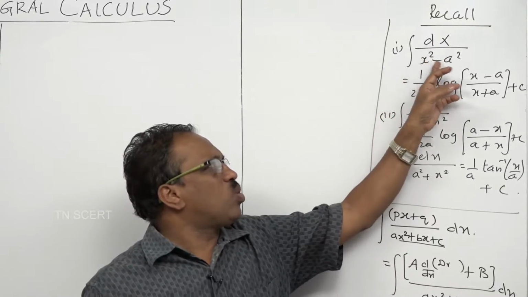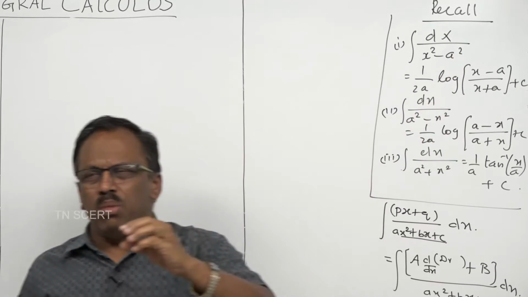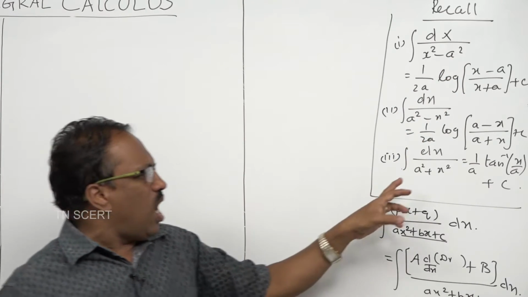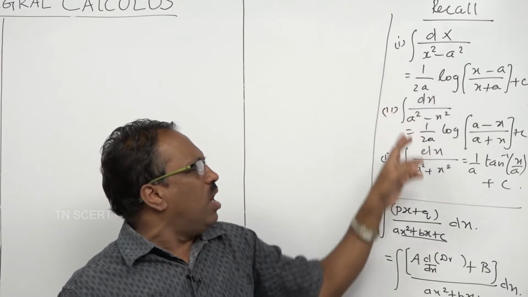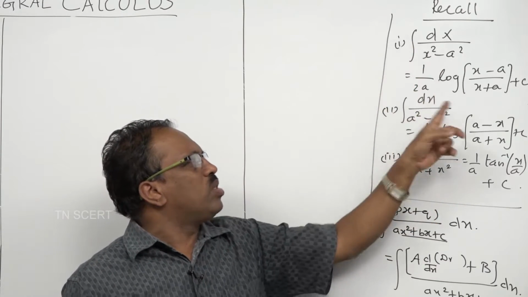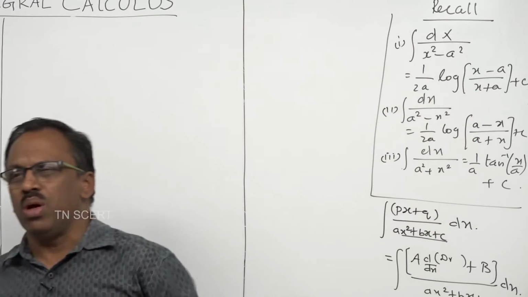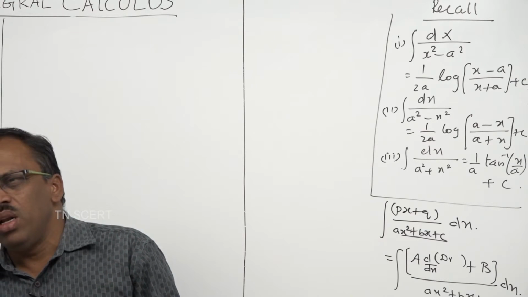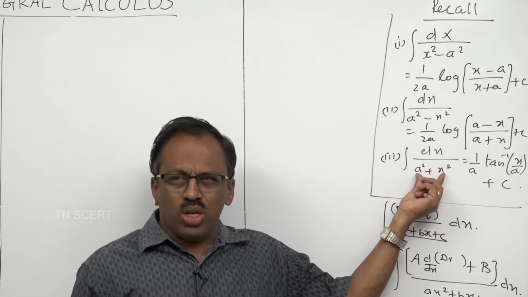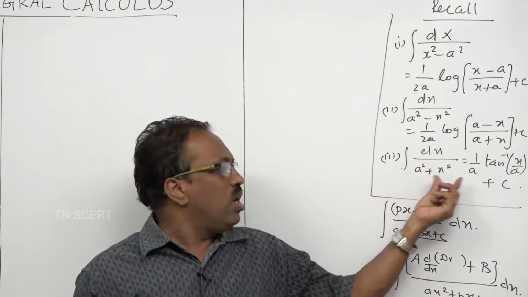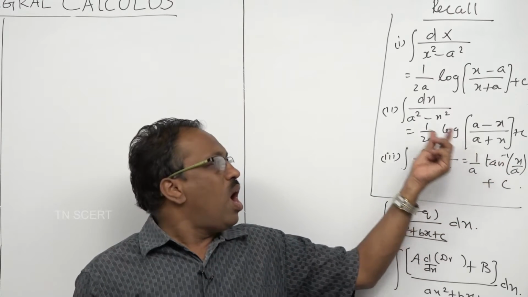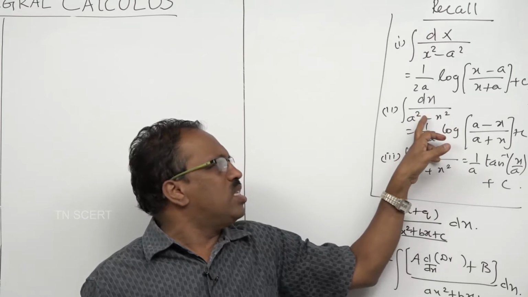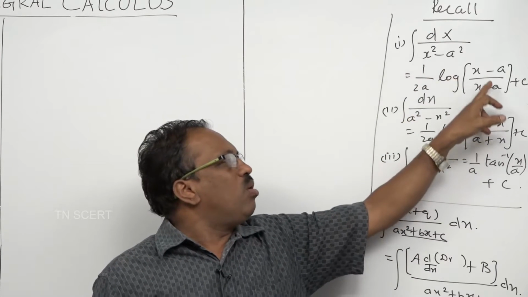So dx by x square minus a square, remember: other than plus, these 2 formulas involve log. That is a simple way you can recall. For x square plus a square, it involves tan inverse, and the other two formulas, the minus ones, involve only log.